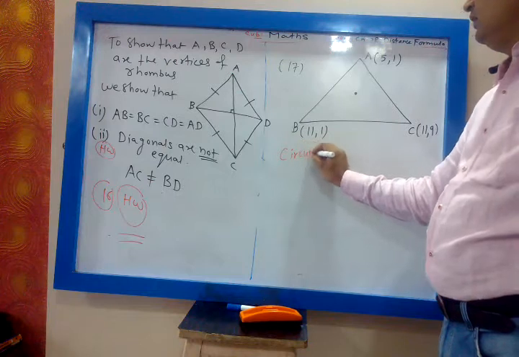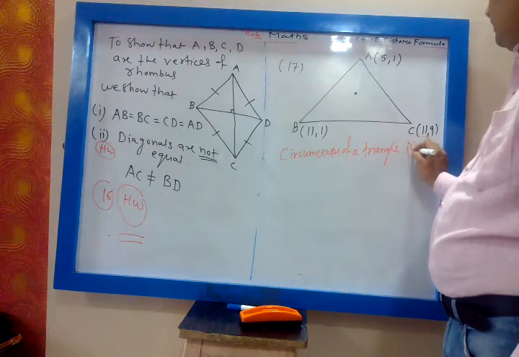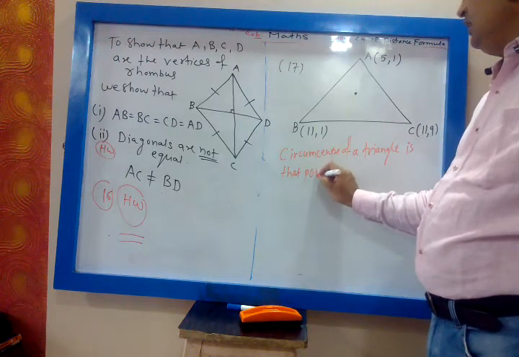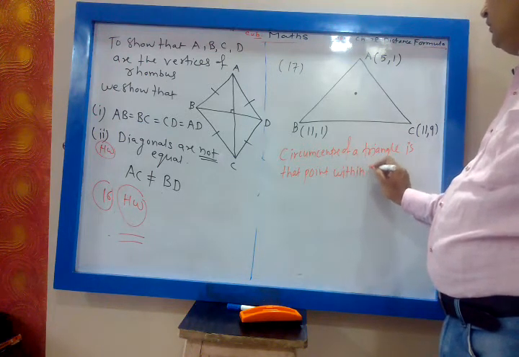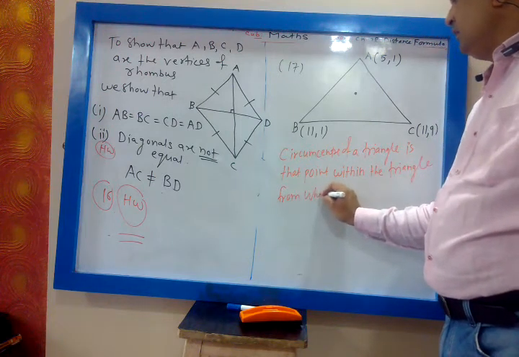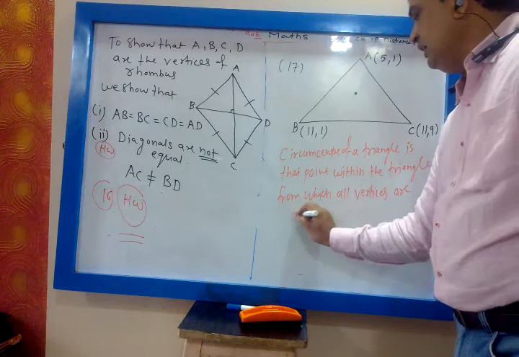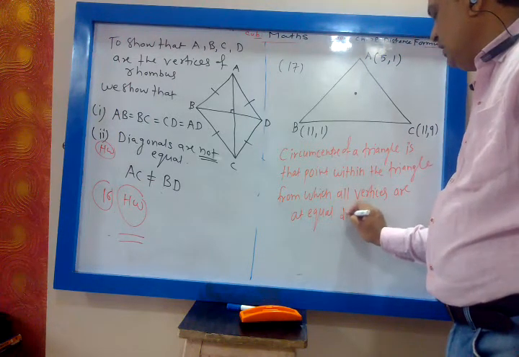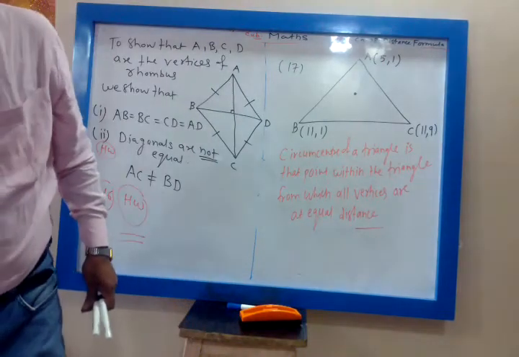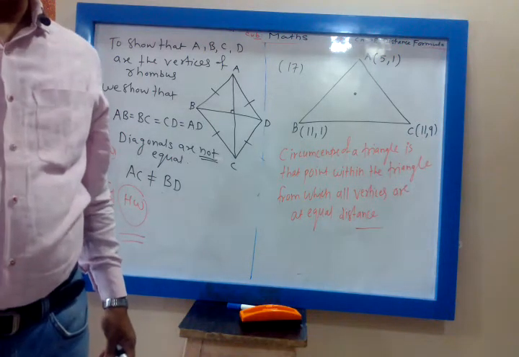Circumcenter of a triangle is that point within the triangle from which all vertices are at equal distance.